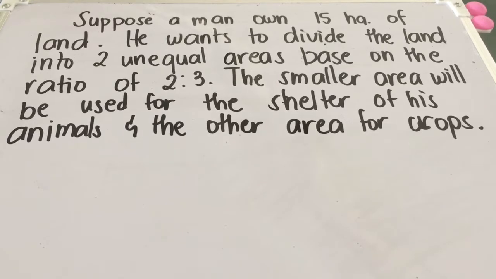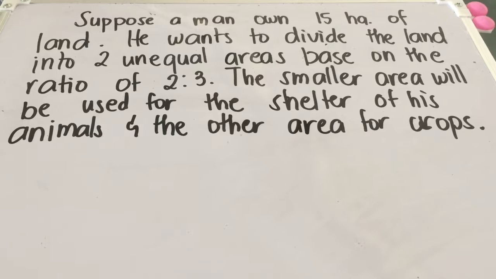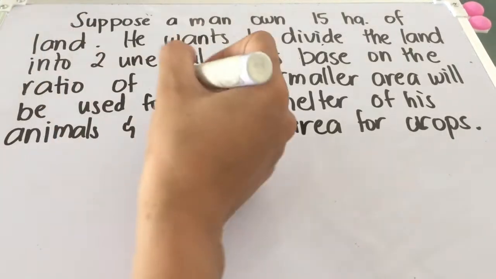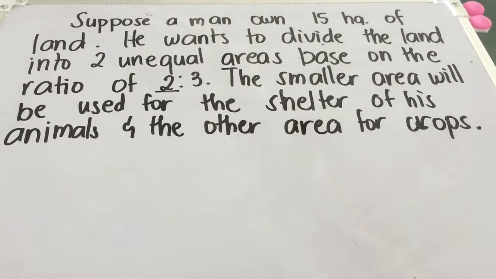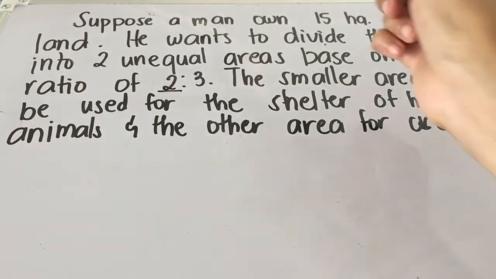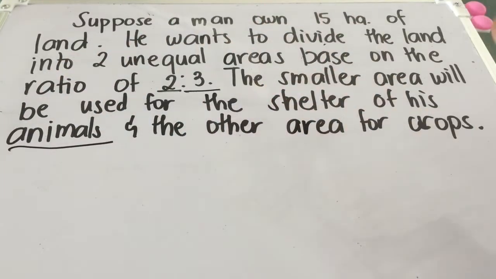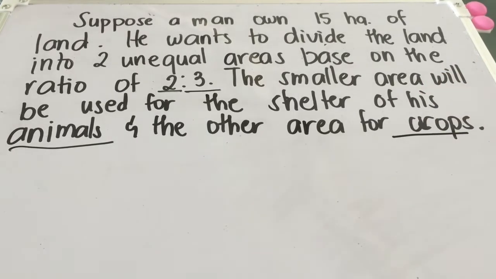So the given ratio 2:3 means that 2 parts of the land will be for the animals and 3 parts of the land will be for the crops.